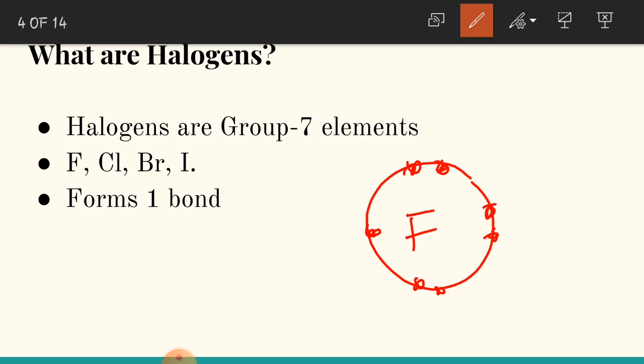We have 3 pairs of non-bonding electrons and we are left with one non-bonded electron. Fluorine shares this electron with any other atom to complete its octet. So this means that all the halogens can only form one bond.